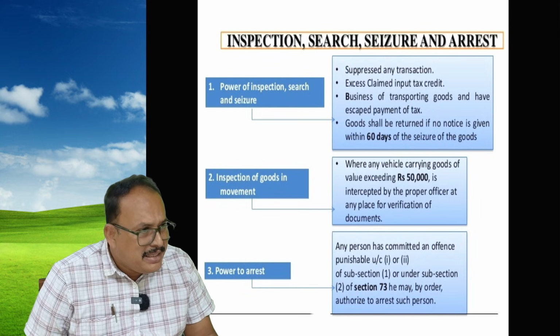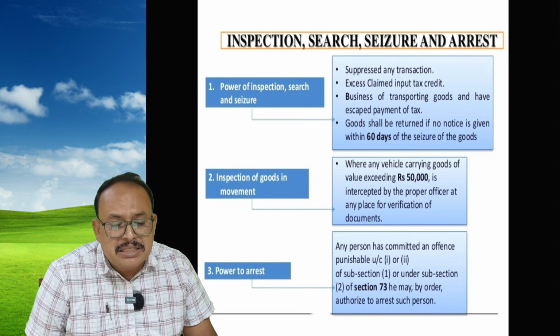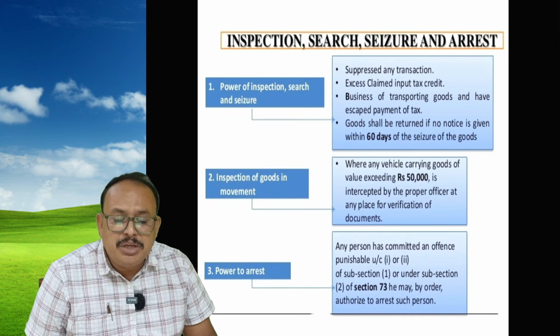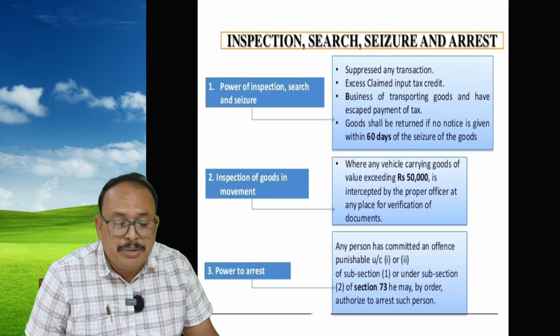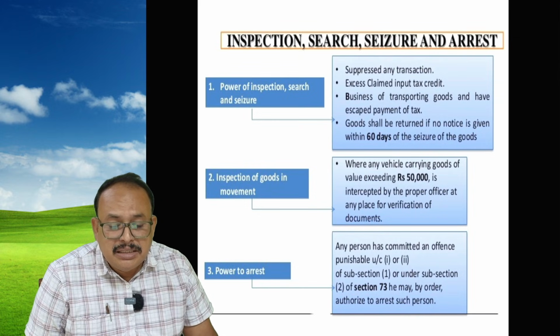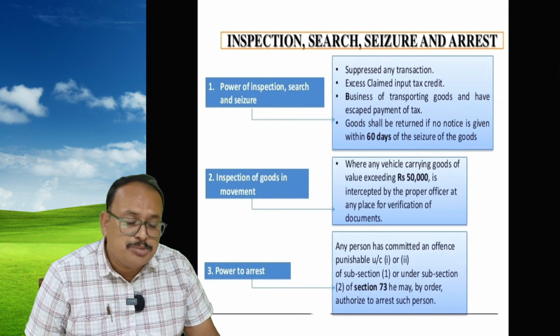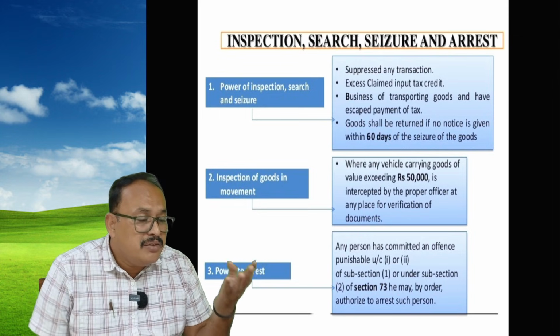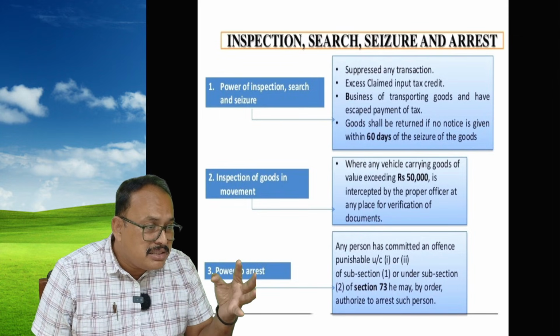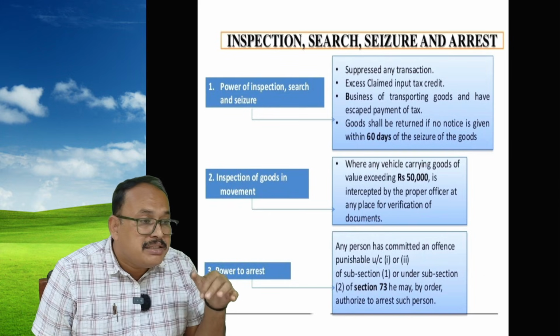Power to arrest may take place when any person has committed an offence punishable under section 132 subsection 1 clause (i) or (ii) of these sections, and the Commissioner may by order authorize an arrest of such person. The Commissioner will invoke section 69 to arrest a person, only where the arrest is required.